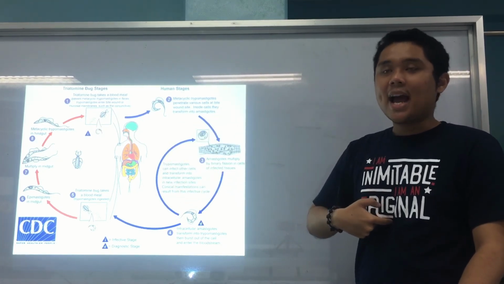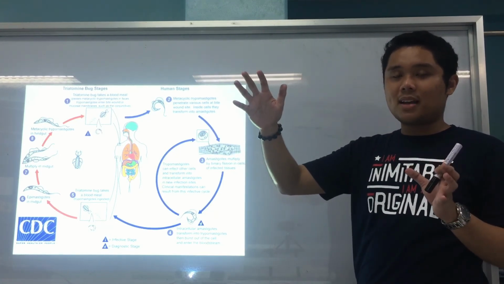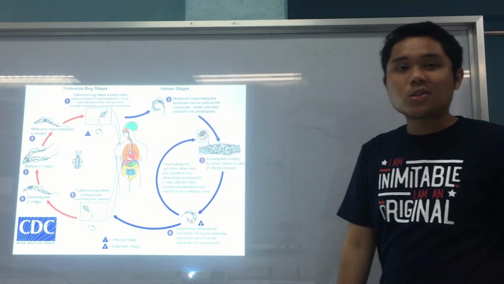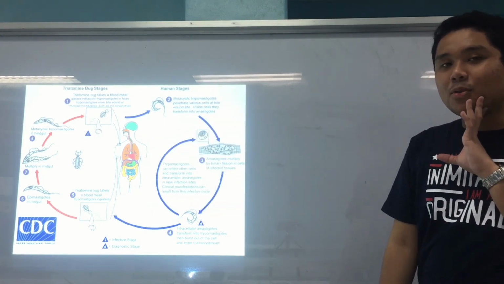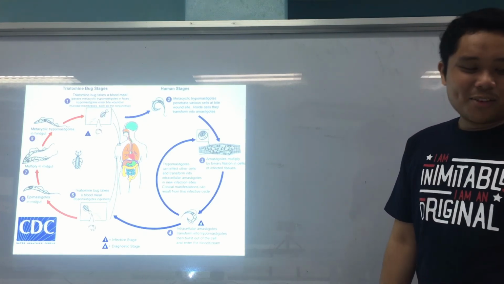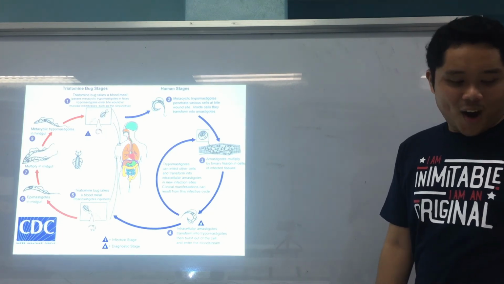The epimastigotes divide and then convert back to trypomastigotes in the salivary glands of the triatoma bug, ready to infect a new host, and the cycle goes on.